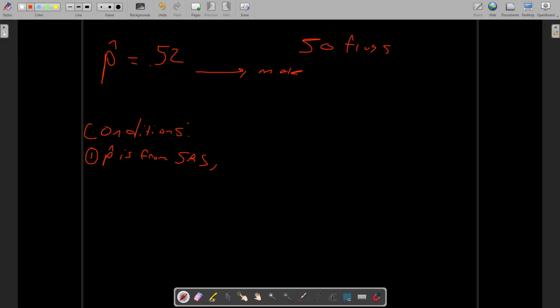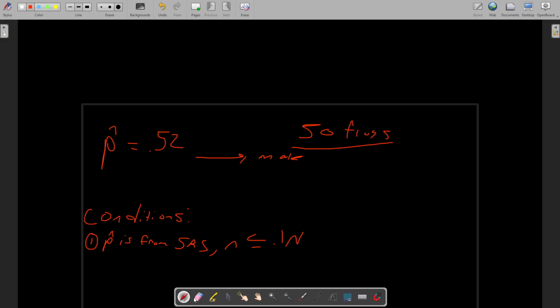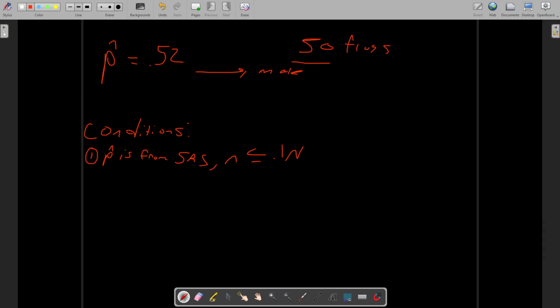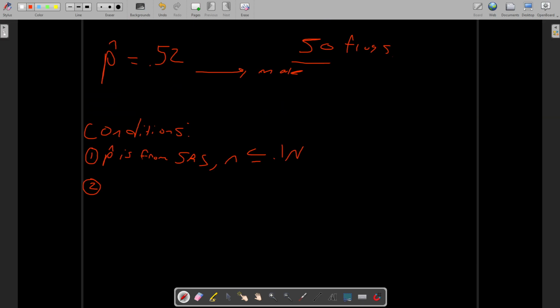And then n is less than 0.1 N. So our sample size is less than 10% of the whole population. So in this case, you would say like 50 frogs is less than 10% of all frogs. And you have to write it like that. You can't write it like this. I'm just making it shorter for notes' sake.